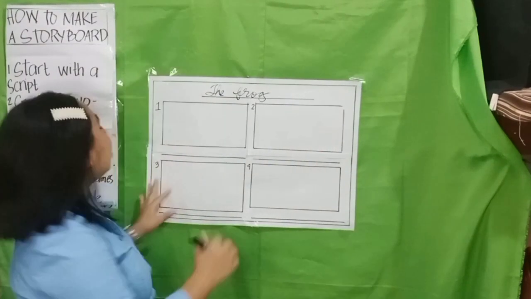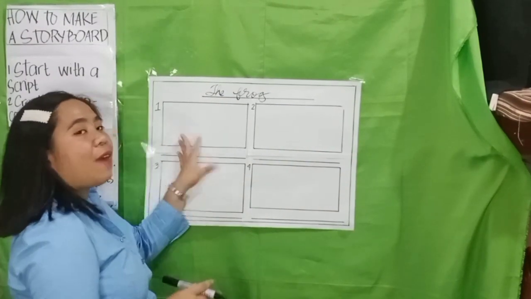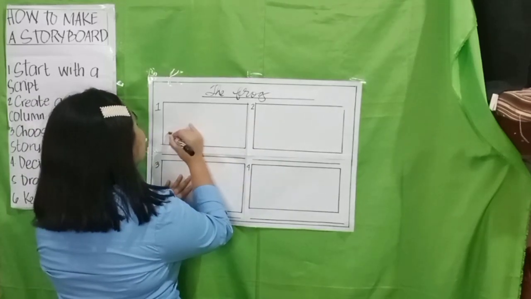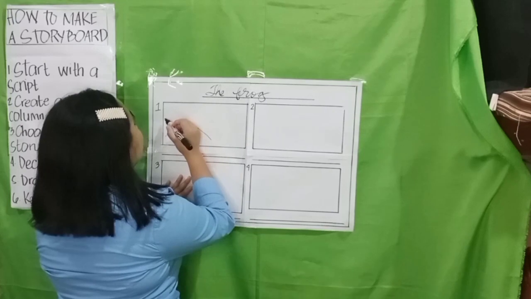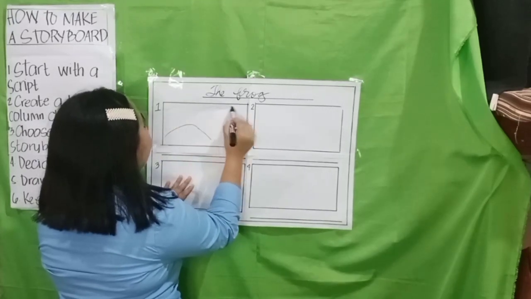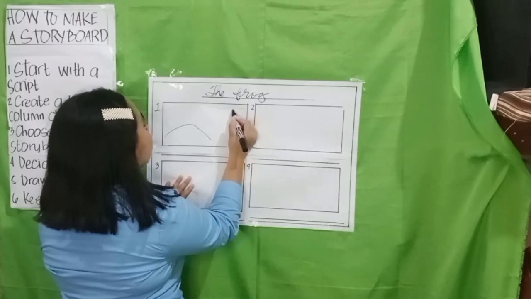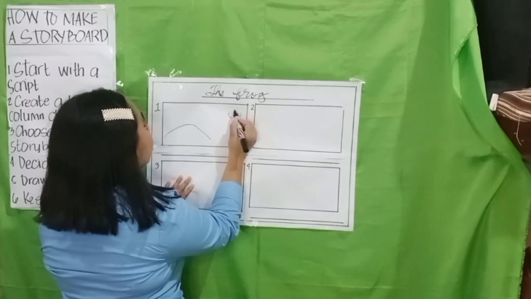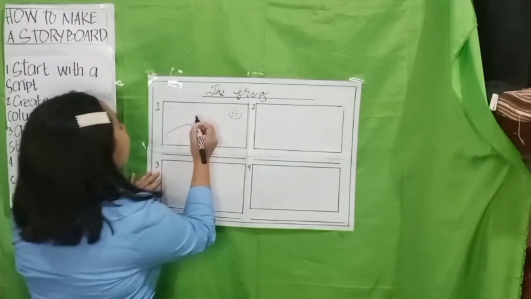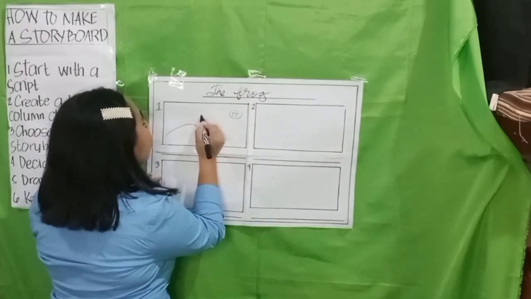So in the first scene, as I said, the frog must be seated on the stone. So this is the stone. This is the river. There's a lotus here. And here is the frog.